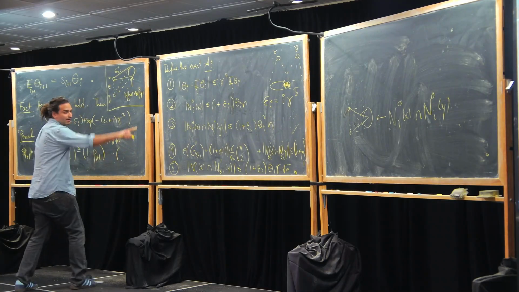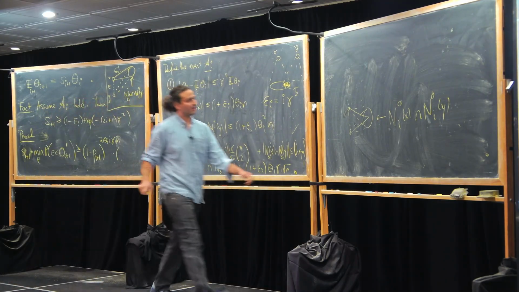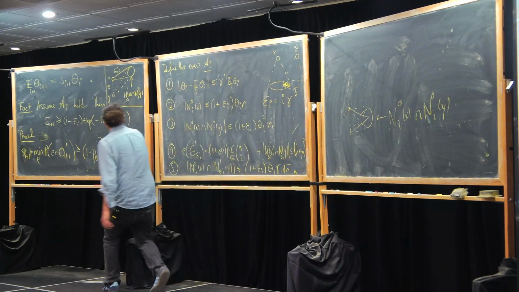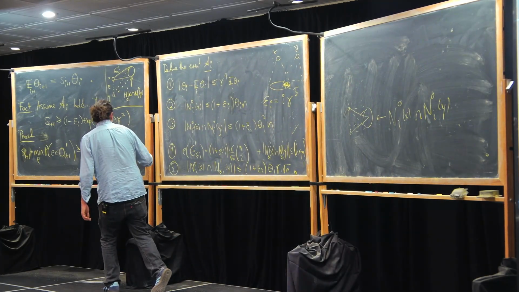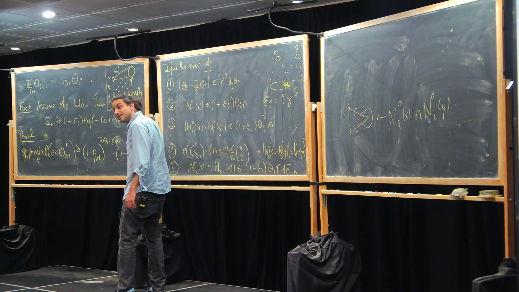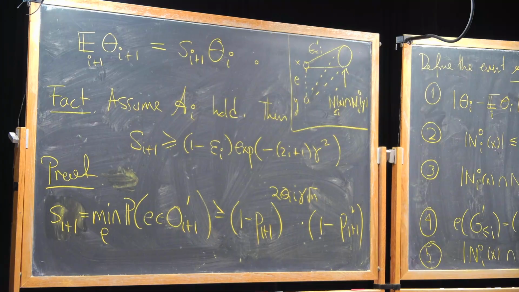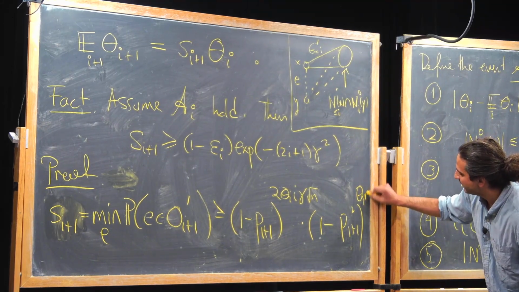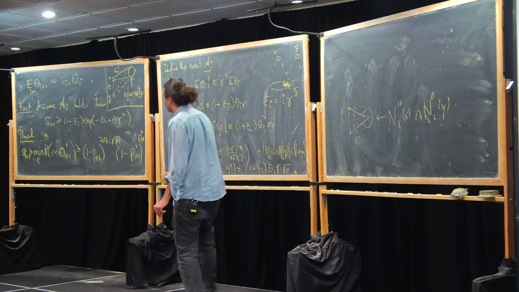And now there's also this guy here. Now I have to have 2 edges to complete it. So it's going to be 1 minus pi plus 1 squared to the power of the maximum size of this open neighborhood. I also have control on that from here. So this is like theta I times n squared.